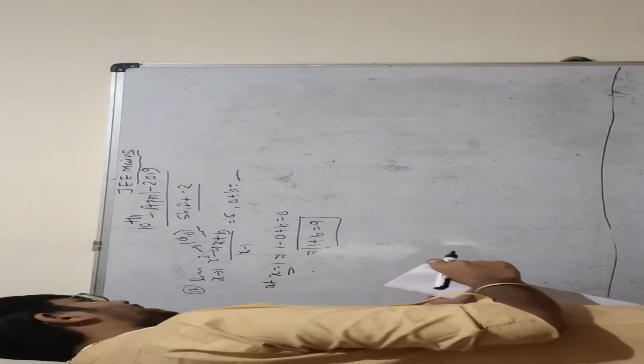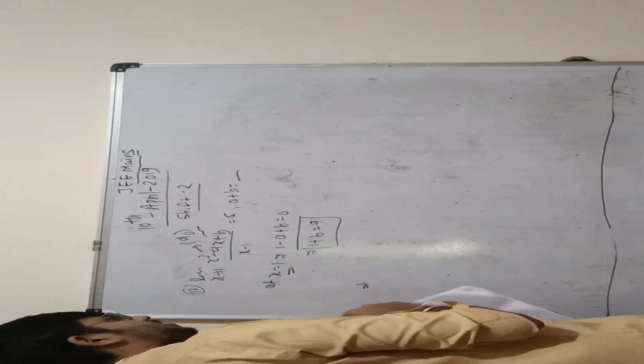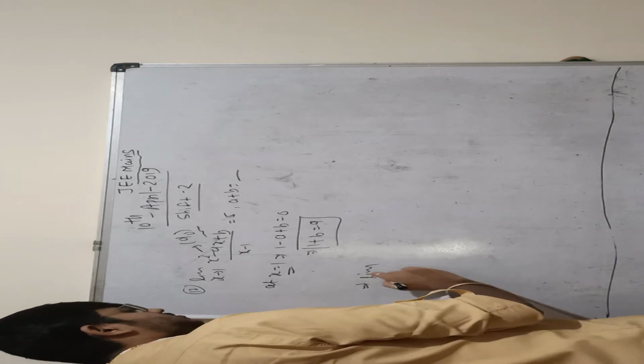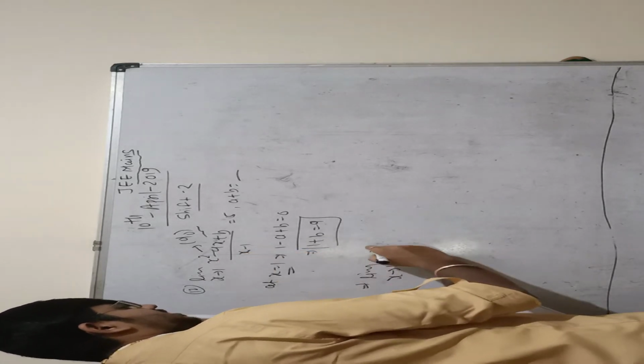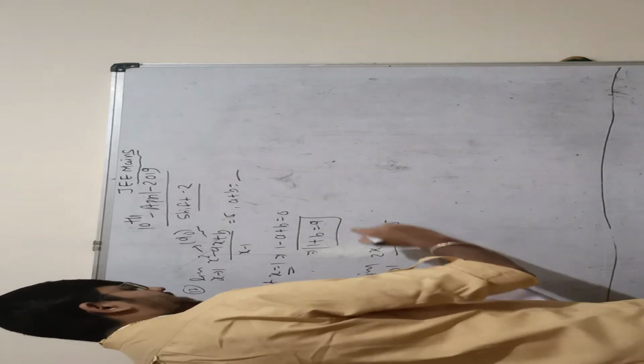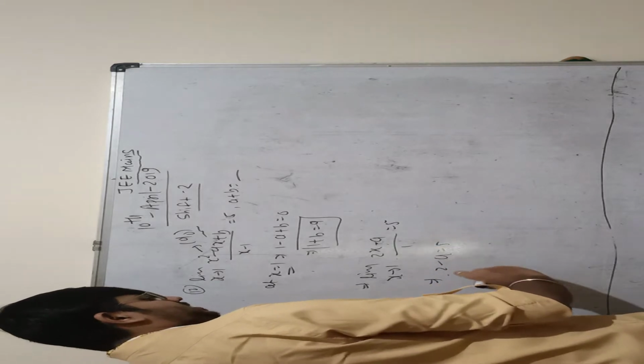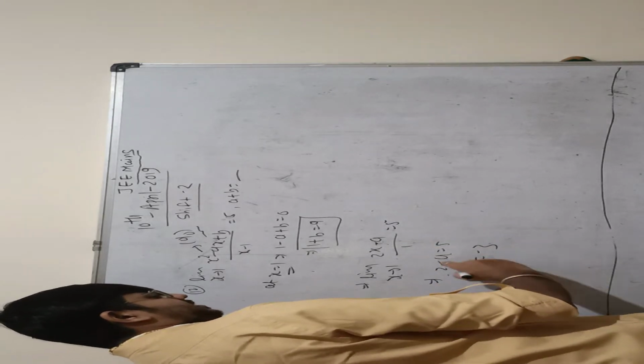Now let's go with L'Hopital's rule. Take the derivative of the numerator and the derivative of the denominator. So the limit as x tends to 1 of 2x minus a upon 1 equals 5. Now if you put x equals 1, it's 2 minus a equals 5, and a equals minus 3.